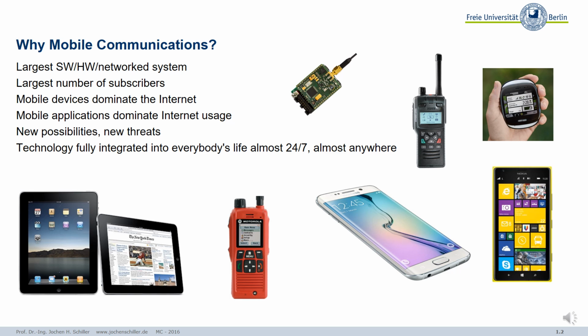Then think of the Internet of Things just coming up. Industry 4.0, cyber-physical systems. So due to the integration with more and more devices somewhere in our environment, they start to communicate. Not everything is really mobile communication. If you look at near-field communication, for example NFC, which we use to open doors, that's not really mobile communication, it's wireless.